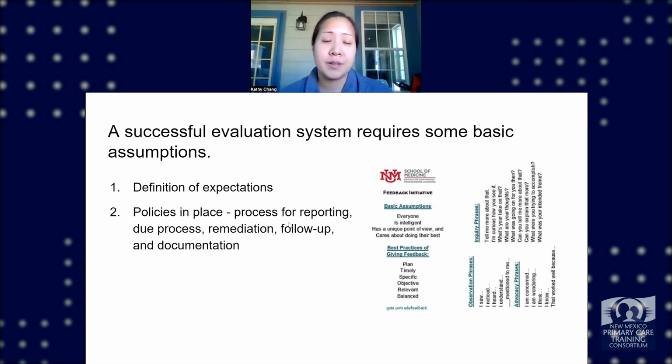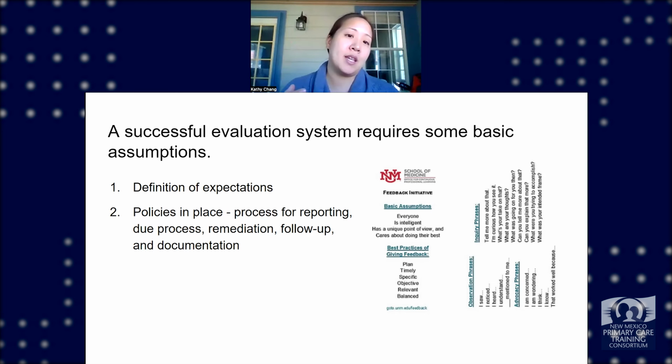And then, if something needs to happen, right, it's very important in an evaluation system to have policies in place. So, the process for reporting and allowing the resident to have due process, right? It's not just everyone throwing the same person under the bus, but that they've had the opportunity to improve, or the next thing is remediation plans. So we've gone through the process of they were notified that this was a problem, and they had a chance to address it, or to remediate it if there was a specific plan needed, right?